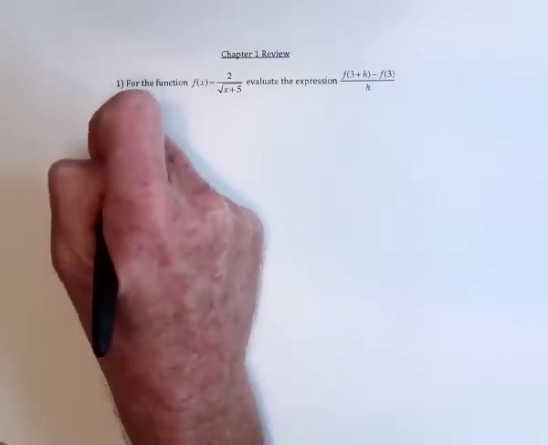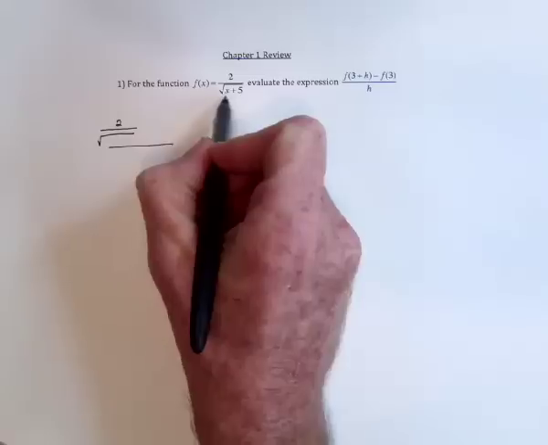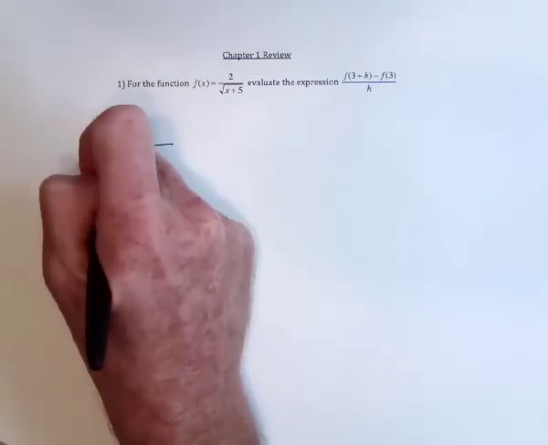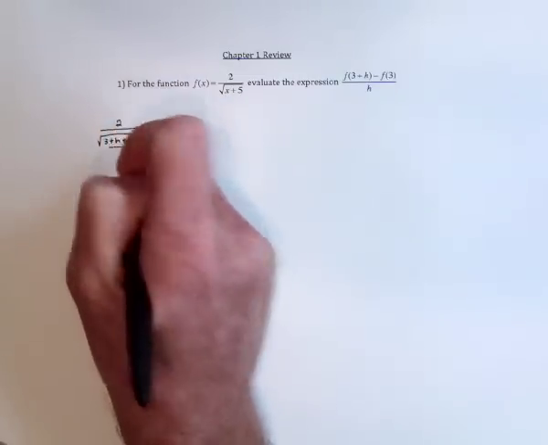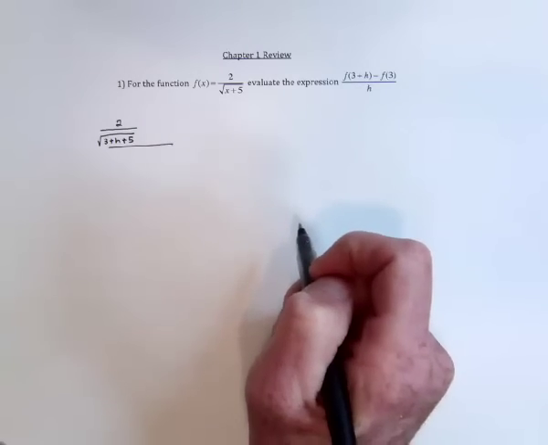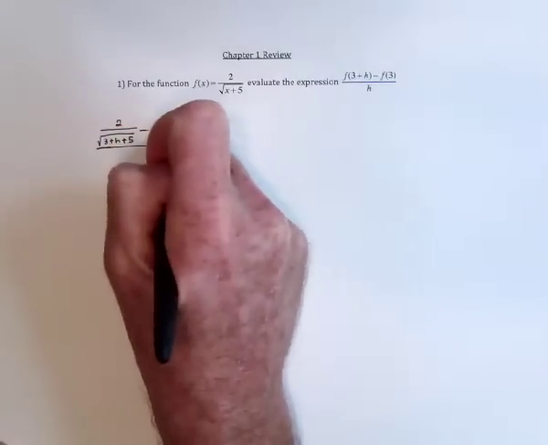So it's going to be 2 over the square root, and then substitute a 3 plus h, and then there's still a plus 5 in there. Now substitute a 3 into the function and subtract those two fractions.